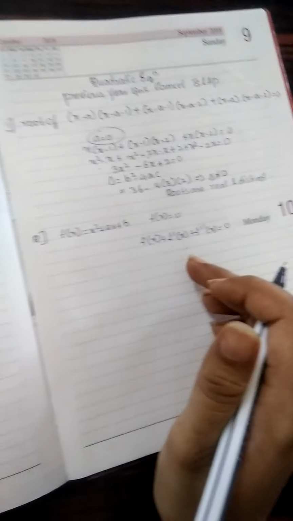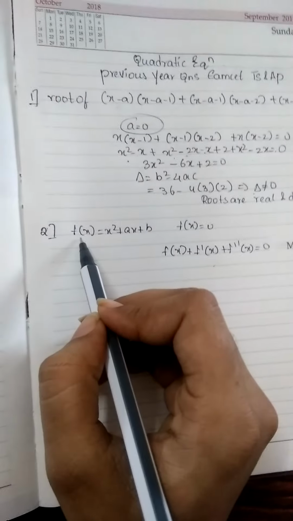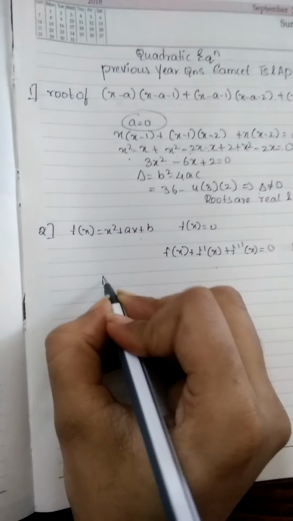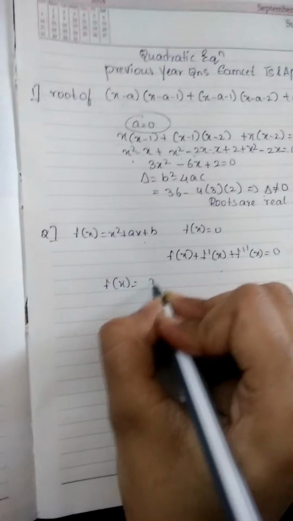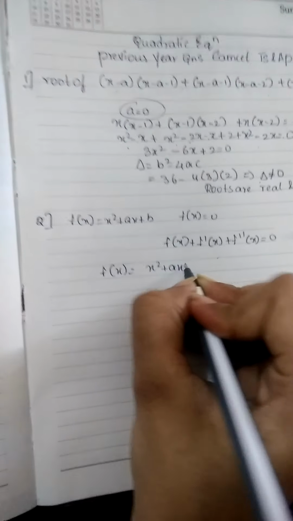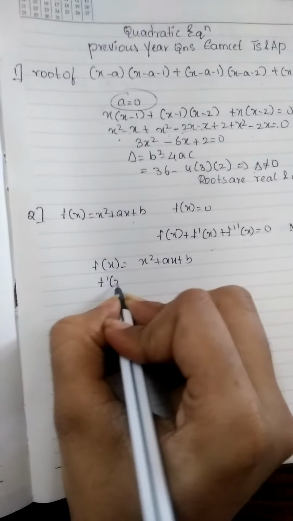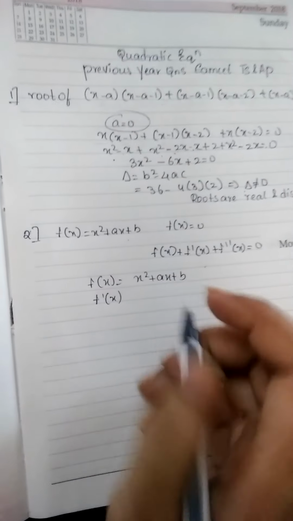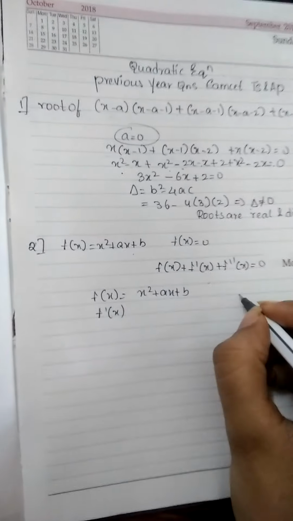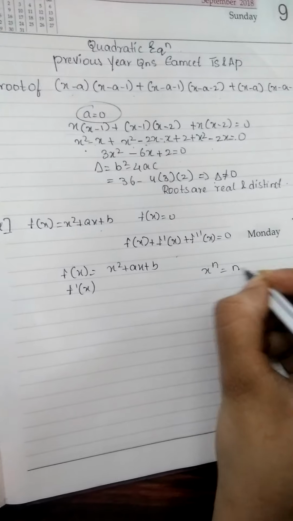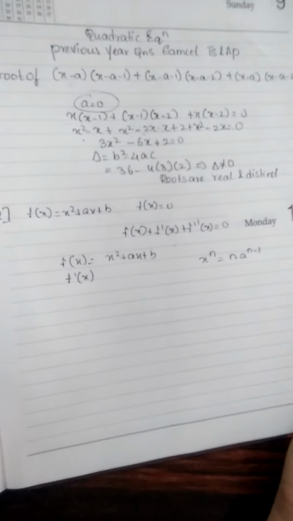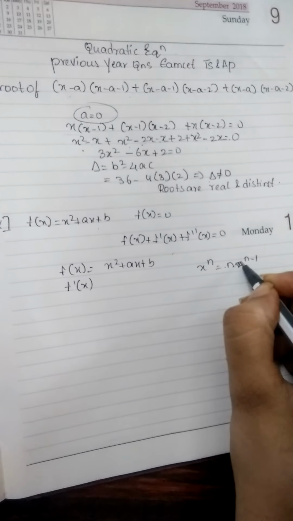So first, f dash of x means we need to do the derivative of f of x. Okay, so f of x, they have given x square plus ax plus b. So f dash of x, when we do the derivative, if we have x power n, it is equals to n x power n minus 1.